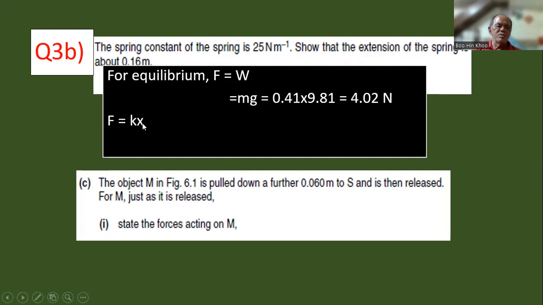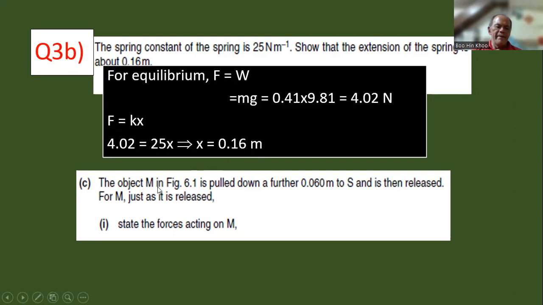And use the Hooke's law formula. Okay, put in your value. F is 4.02. Spring constant is 25. X, then from there you can calculate your X.